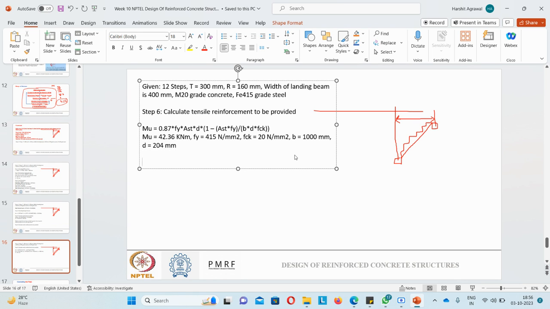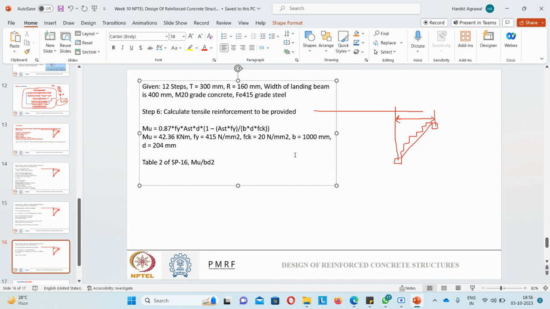Substituting this relationship, or you can also use Table 2 of SP16, which is an alternative. You just calculate Mu by b d square and you will get the percentage area of steel.